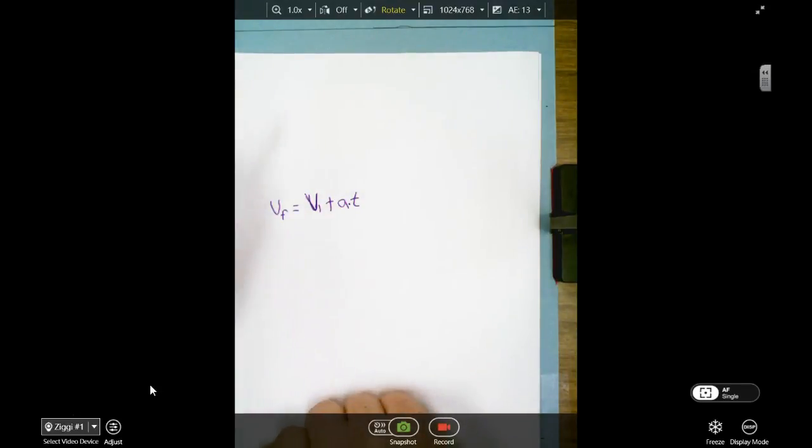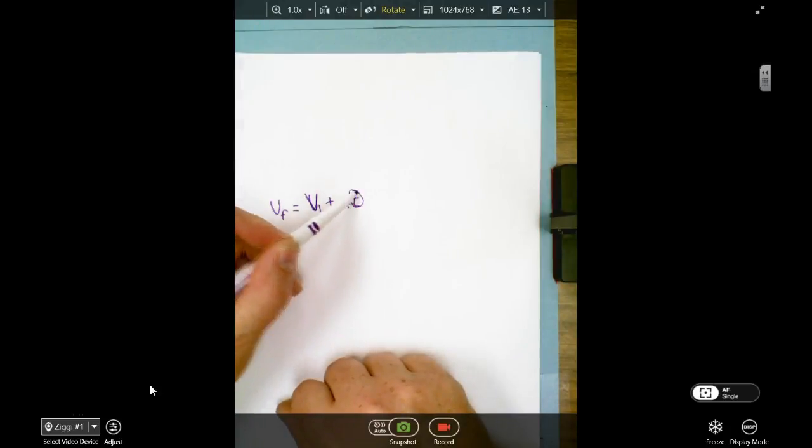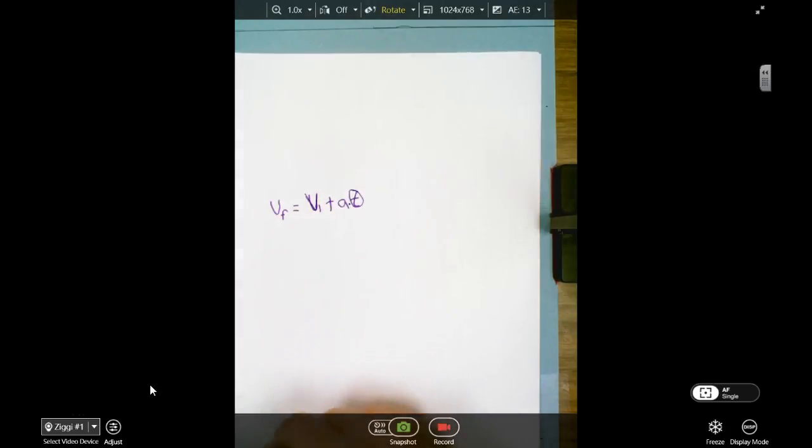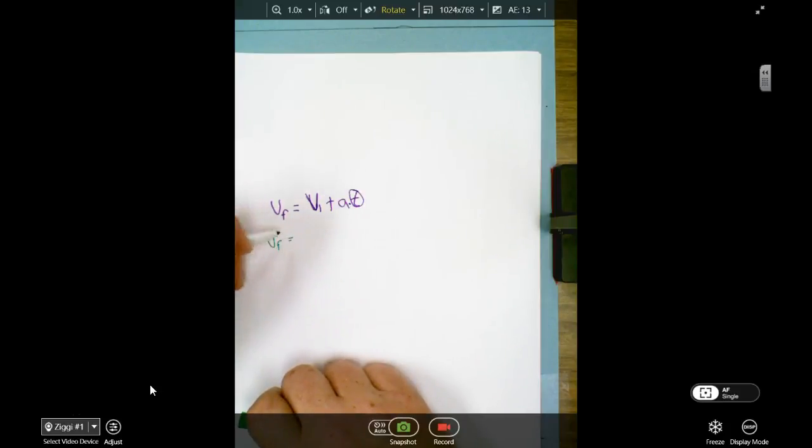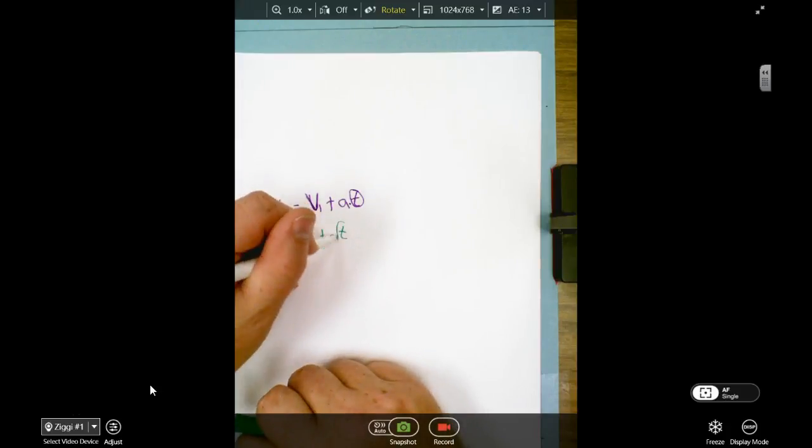So in this case, let's say I want to know what T is. So I'm going to circle what I want. Let's take this step by step. First of all, I have velocity final equals velocity initial plus AT. And of course, this is the guy I'm looking to keep.